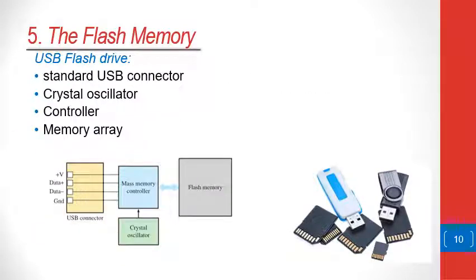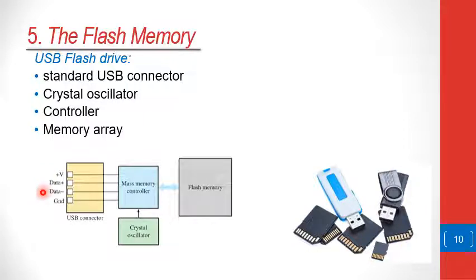So a typical USB flash drive is made up of multiple subcomponents. Apart from the memory array, which is the flash memory that we've just been discussing, it would have a USB connector. The USB connector has 4 connection points or 4 lines. That would be the positive voltage, the negative voltage, which are on both ends, and then in between it has 2 data lines where the data is transferred.